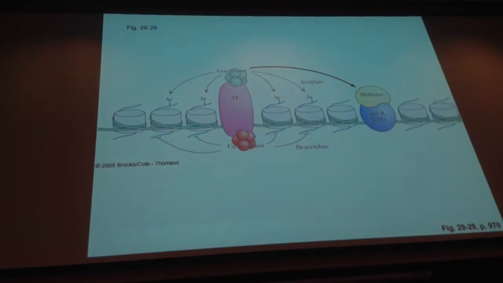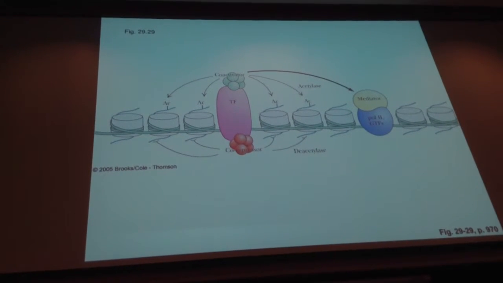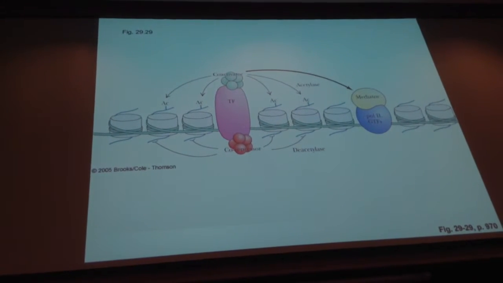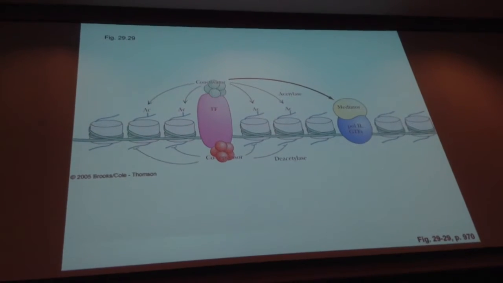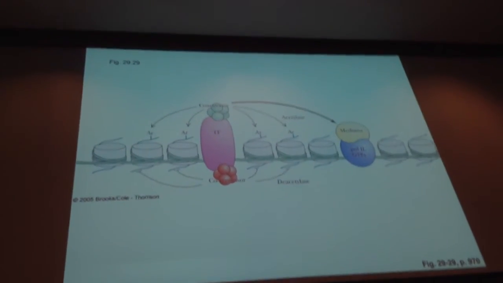And as the complex moves on, on the backside, it's going to rewrap it and leave it the way it found it. So for transcription, we have to loosen up that DNA. We even have to modify the arrangement of nucleosomes with the DNA sometimes for access.